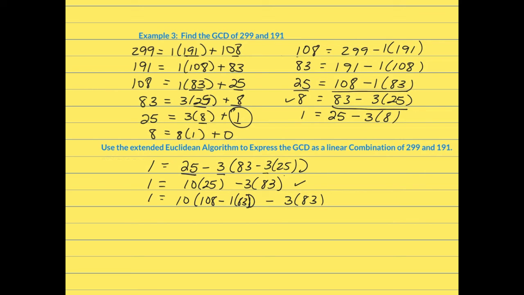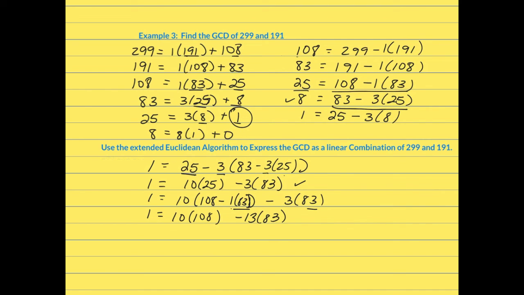And again, we're going to combine like terms. We've got 83s here and here. So we've got 10 times negative 1. We've got negative 10 83s minus 3 more. So we've got negative 13 times 83. And that first term is 10 times 108.